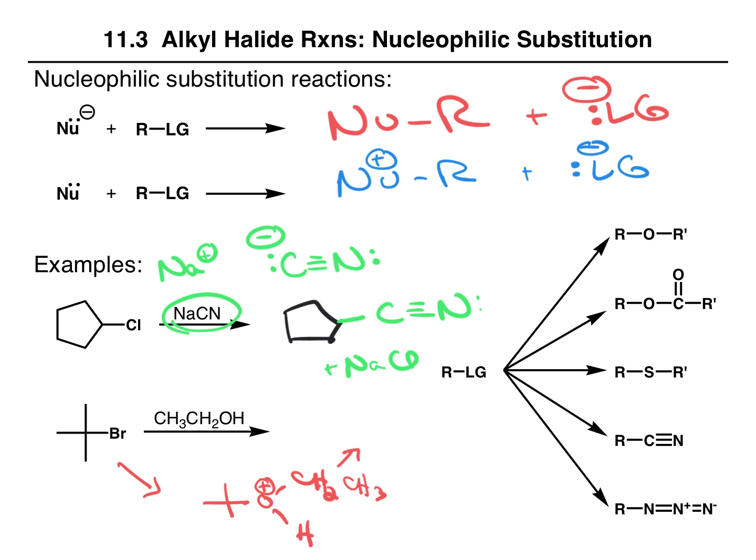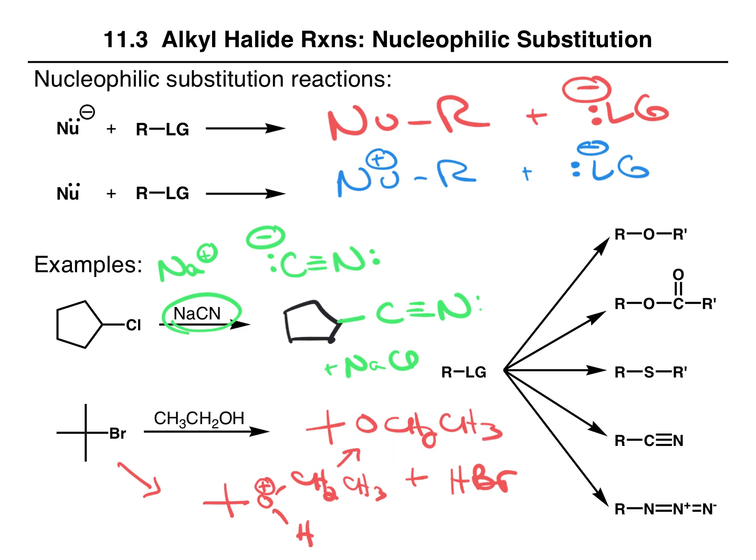And so here we will end up with OCH2CH3 plus HBr as a byproduct. So the bromine has left, and also the hydrogen has been removed. We'll talk later about how that happens, but for now, I just want you to see the overall change.